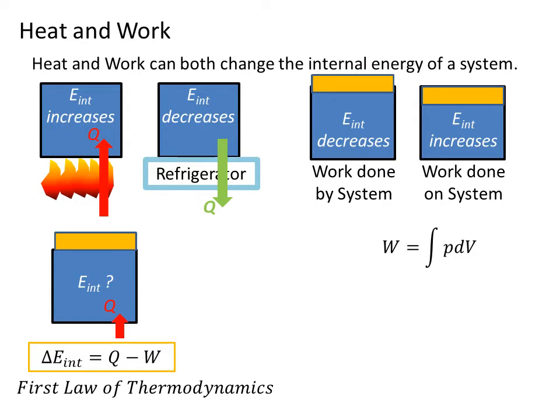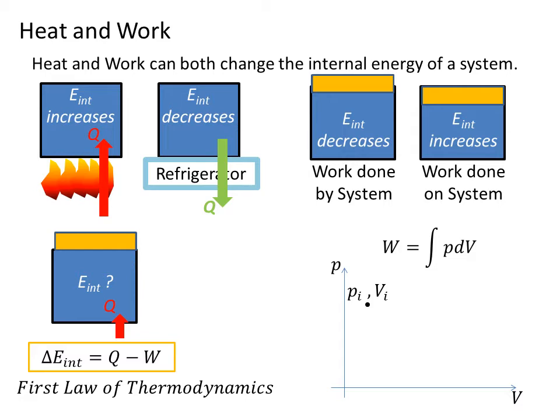What is work? Well, work is the integral of the pressure times the differential change in volume, dV. If we were to look at what this integral looks like graphically, we look at the plot of the pressure versus the volume.